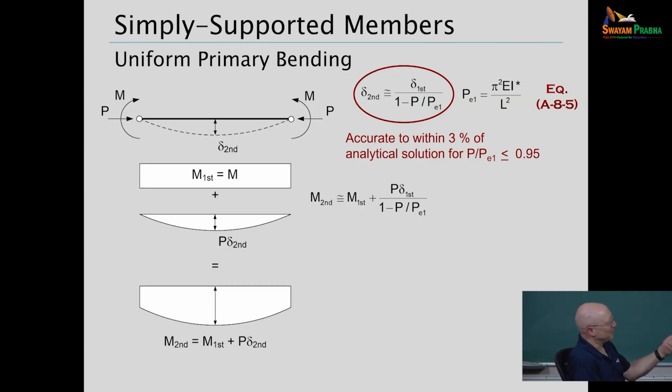Well, we got a problem in general for geometric nonlinear analysis. The deflection depends on the P delta effects, and the P delta effects depend on the deflection, right? And so the P delta deflection increases. If it keeps increasing, it's unstable. If it stabilizes to an equilibrium solution, then we basically can say that delta first divided by 1 minus P over PE1. We multiply that by P, we've got our P small delta effect.